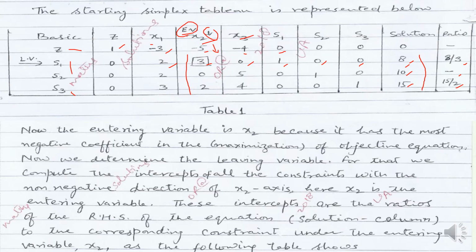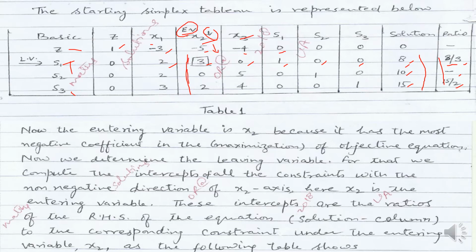So whichever is minimum, we will take that for the ratio and mark that variable as the leaving variable. So the 8 upon 3 ratio is minimum in this column, and S1 becomes the leaving variable, which corresponds to the minimum ratio, that is 8 upon 3. So X2 will enter and S1 will leave.